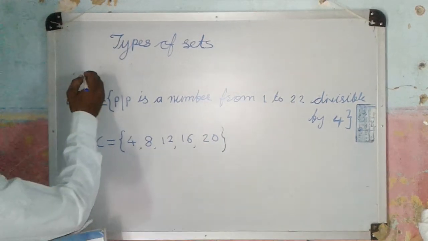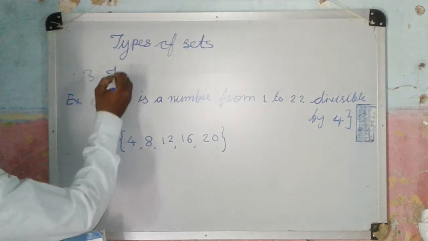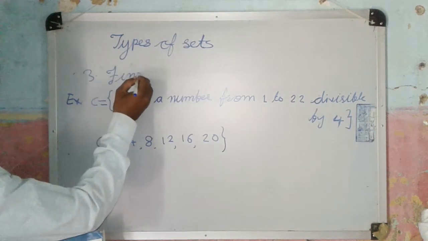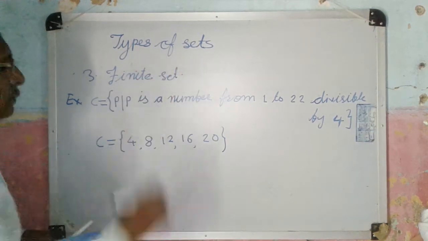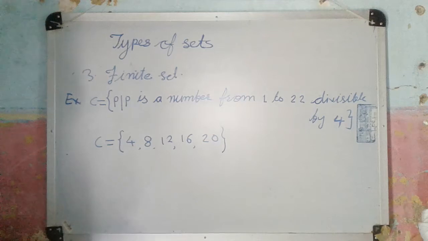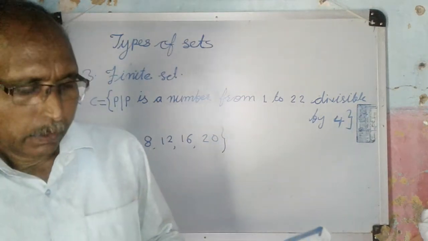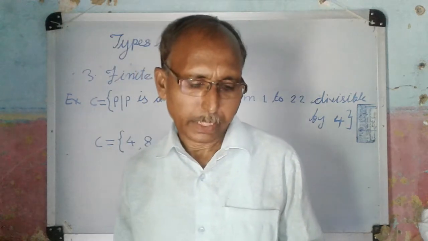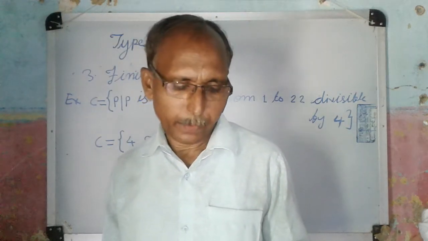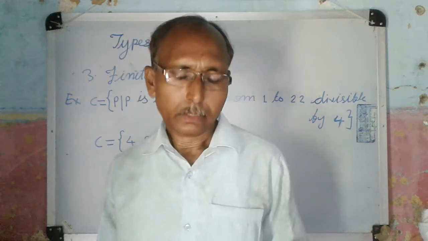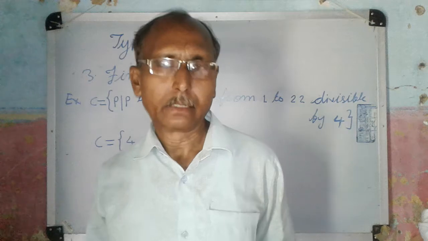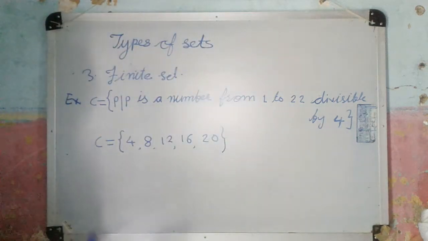This is the third type, the finite set. The definition: if a set is a null set or the number of elements is limited and countable, then it is called a finite set. So this is an example of a finite set.